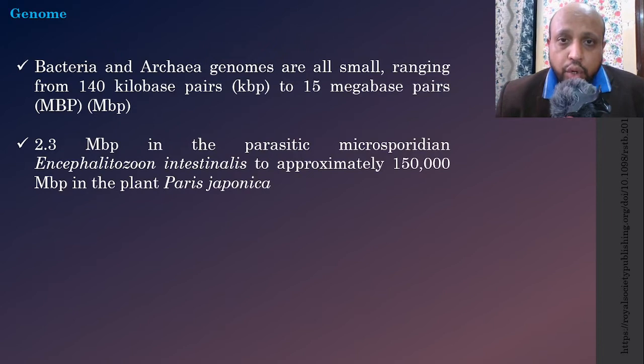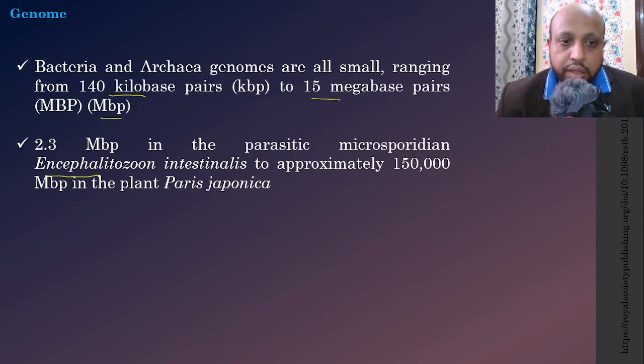Now if you compare the genome, which in the introduction I was trying to mention, the genome of bacteria or archaea ranges from a few kilobases to 15 megabases, which has been reported so far.